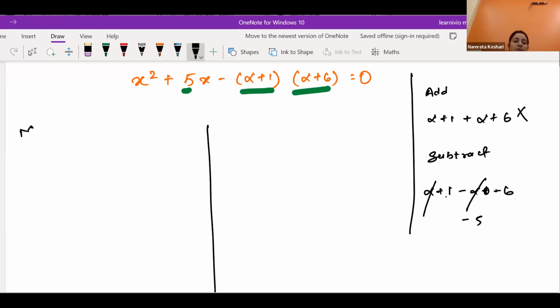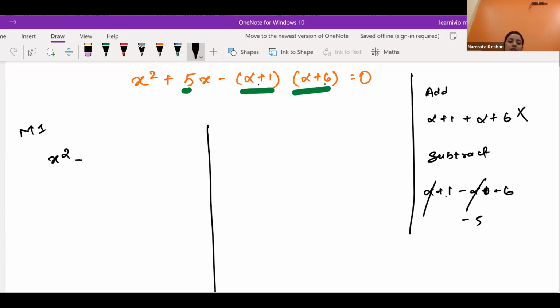The method number 1 is, we realize that x square and this alpha plus 1 and alpha plus 6. While splitting the middle term, we do the multiplication of a and c, and whatever is ac, we try doing the factorization so that we can create the middle term. Here, when we did the multiplication of ac, it is nothing but alpha plus 1 and alpha plus 6. When we thought about doing the factorization of this one, we realized that this is only the factorized form. Okay, we don't have to factorize it.